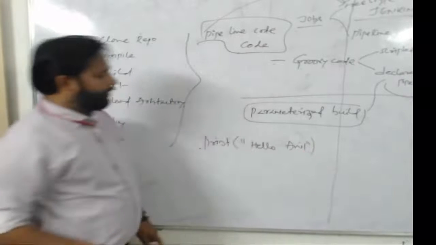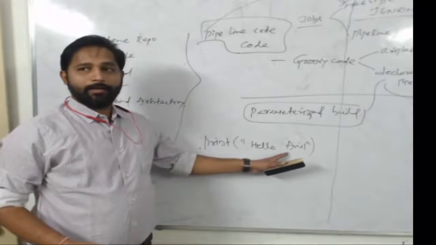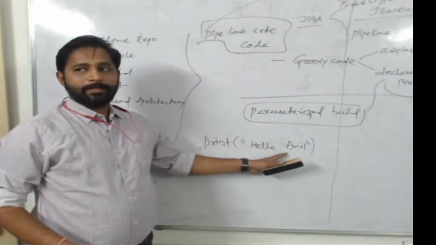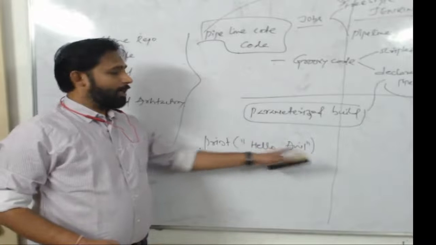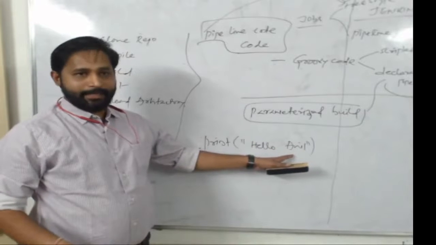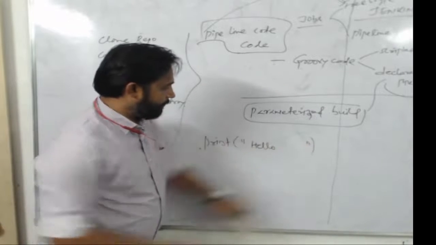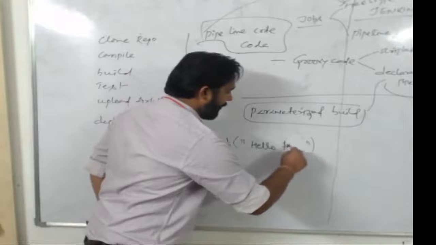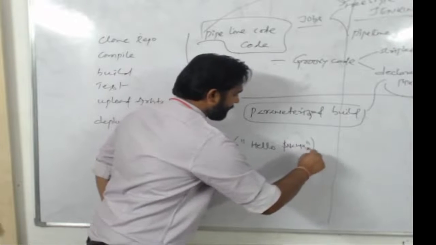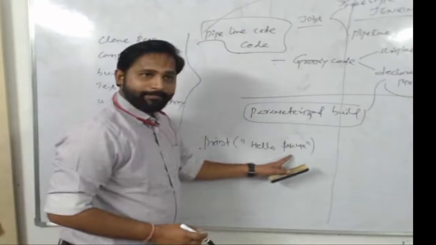Now you think, okay, every time we run this program, it always prints honey. We don't want that. Instead, we want the program to ask us what your name is, and print that name. So what we do here, we say $name, something like that, not exactly $name. Now this $name is a parameter.